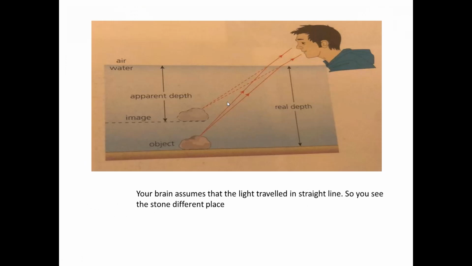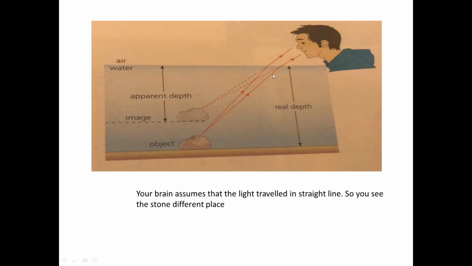Now the second idea. If we have a stone down in the water, also the light travels from the stone till it reaches the air, and it will change the direction. When it changes the direction, also our brain assumes that the light travels in a straight line.